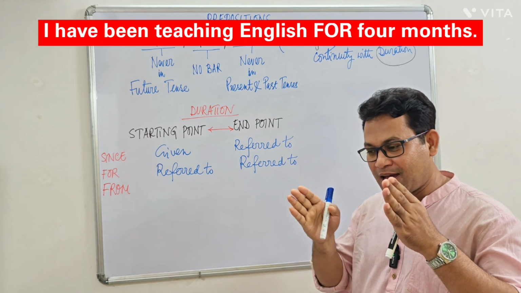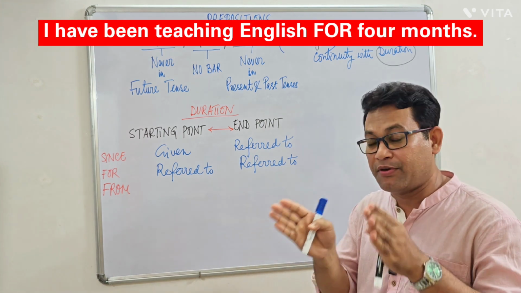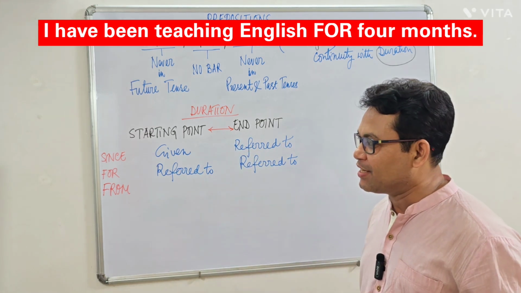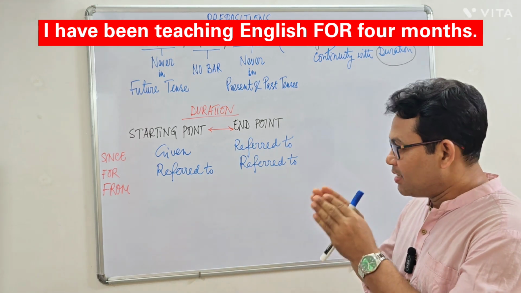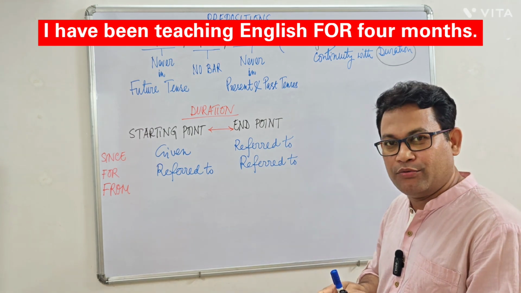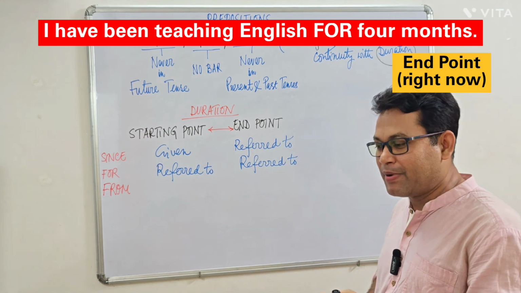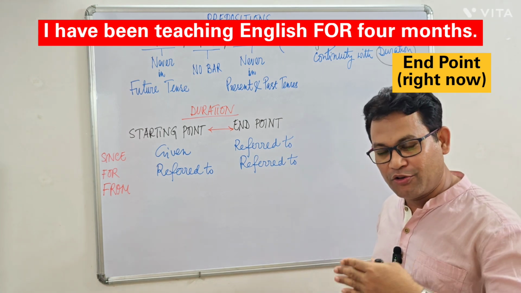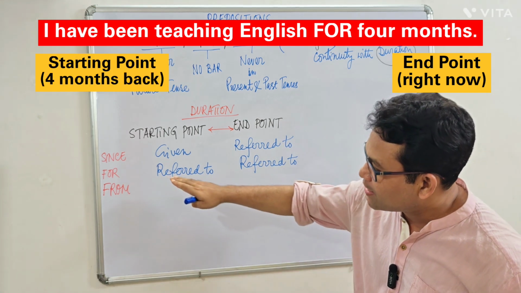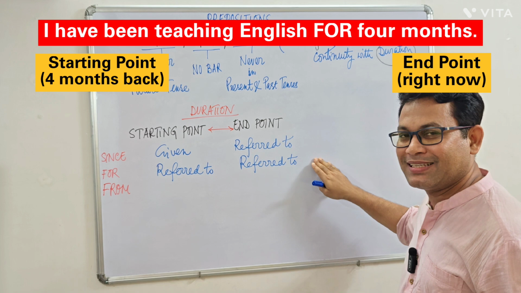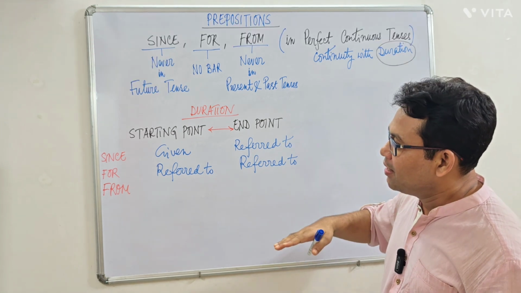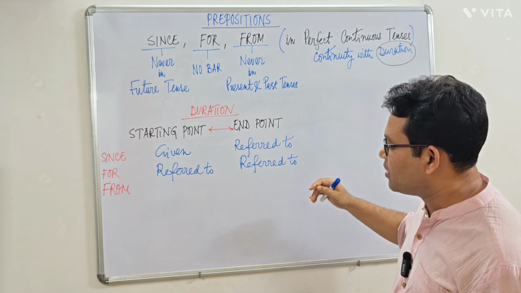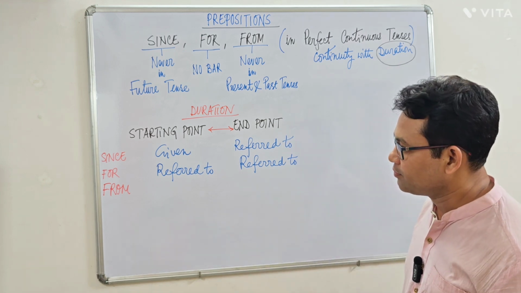I am giving the duration or the time lapse straight away, 4 months. Now, how is the starting point referred to in case of for? That means the end point is right now. For 4 months, meaning the end point is right now. Go back in time by 4 months, and you will get the starting point. So in case of for, the duration is clearly given, but we can easily understand the starting point and the end point because they are referred to.